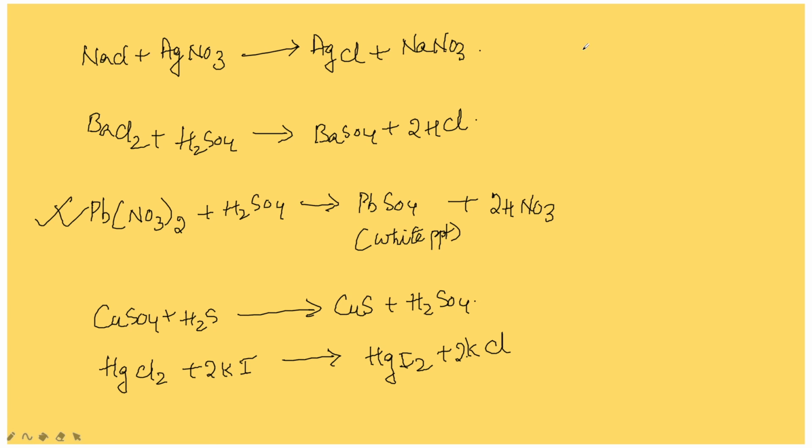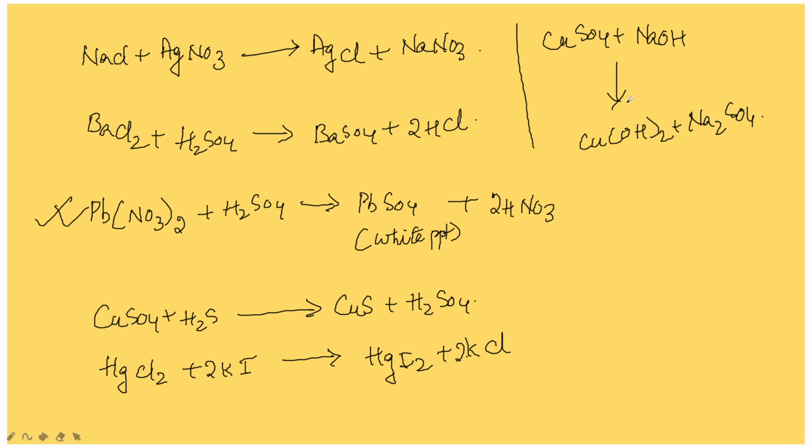One more reaction: copper sulfate and sodium hydroxide gives rise to copper hydroxide plus Na2SO4. But here it is not balanced. Na2 is there, so here it is 2.